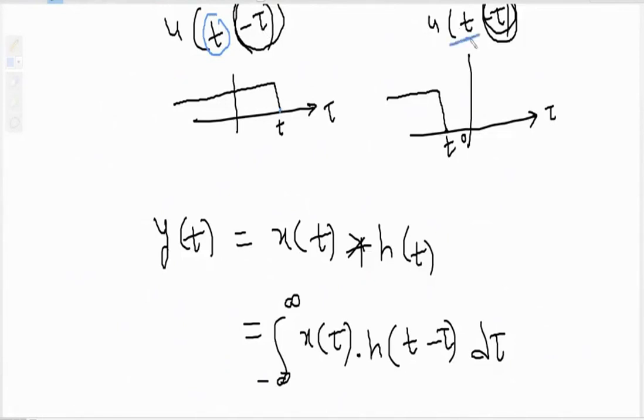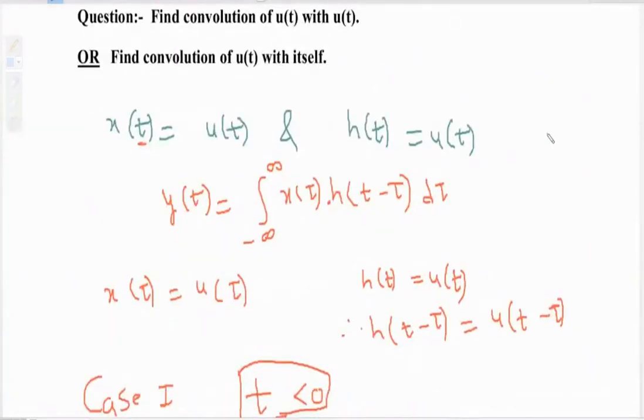When t is negative, the signal will start from negative t and go towards the left-hand side because of minus tau folding. We are sketching the signal with respect to tau. Then we have to determine the convolution of unit step with unit step. I have taken x of t and h of t, but in the formula I want x of tau and h of t minus tau. From x of t, how will you get x of tau? Put t equal to tau. From h of t, how can you get h of t minus tau? Put t equal to t minus tau.